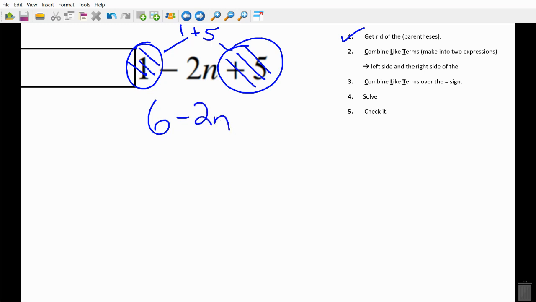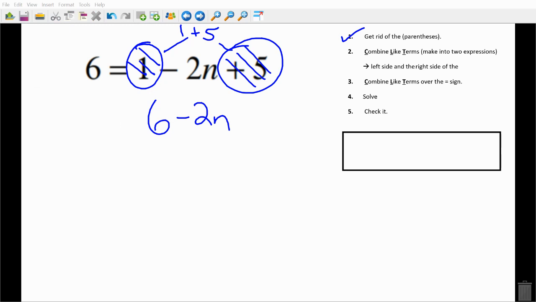Now we have our negative 2n because we haven't touched it, and don't forget what's behind that white panel right there was our equal sign and positive 6. So now we've done step 2. The first time we've ever had to do step 2 looks like that. Now let's go to step 3, combine like terms over the equal sign. So what I have is a constant, equal, constant, and I have my variable.